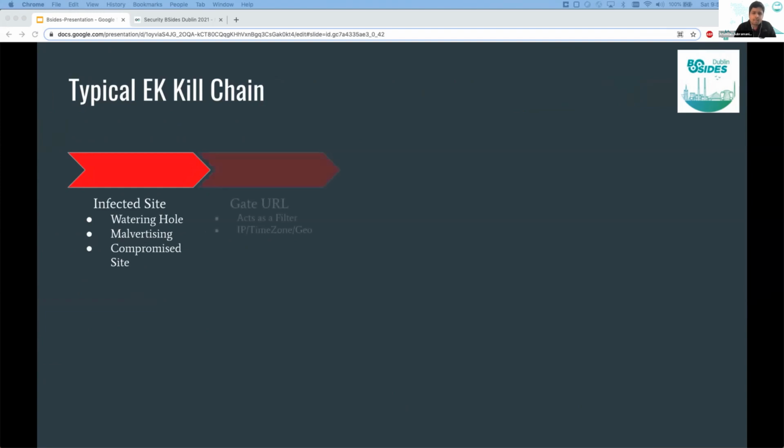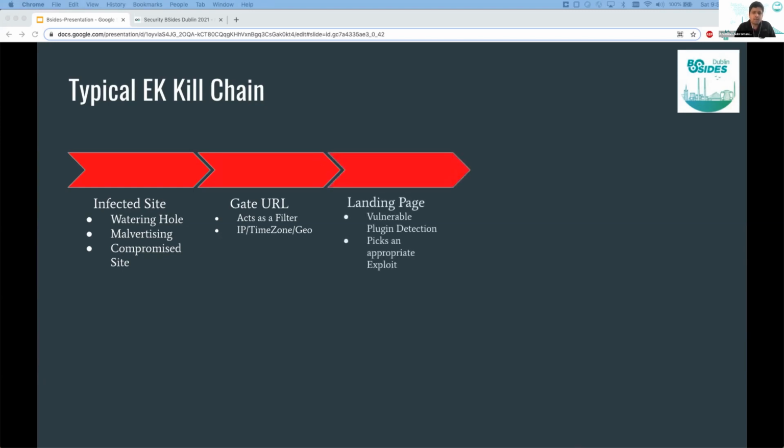The next step is a gate URL, which acts as a filter where checks like IP checks, geofences, or time zone based checks are carried out. Next, the users are taken to a landing page where the browser is analyzed to determine active plugins and their versions, and whether there are any vulnerable plugins that can be exploited.